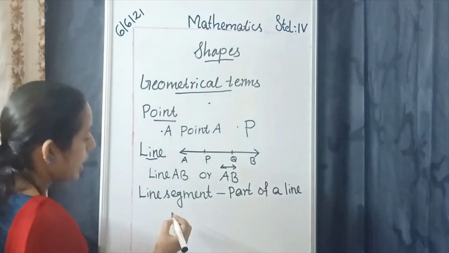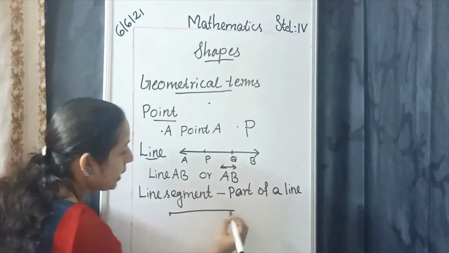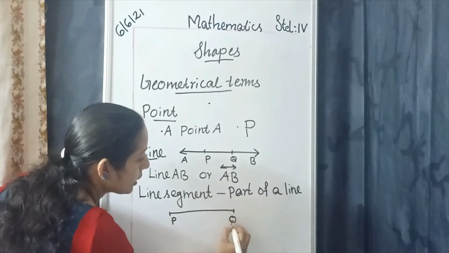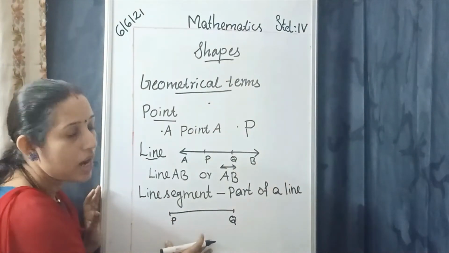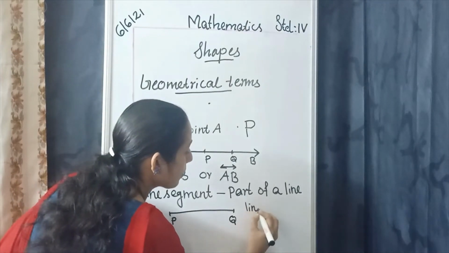So a line segment example is this. Here is one point, here is one point, P and Q. You can give the name in English alphabets.